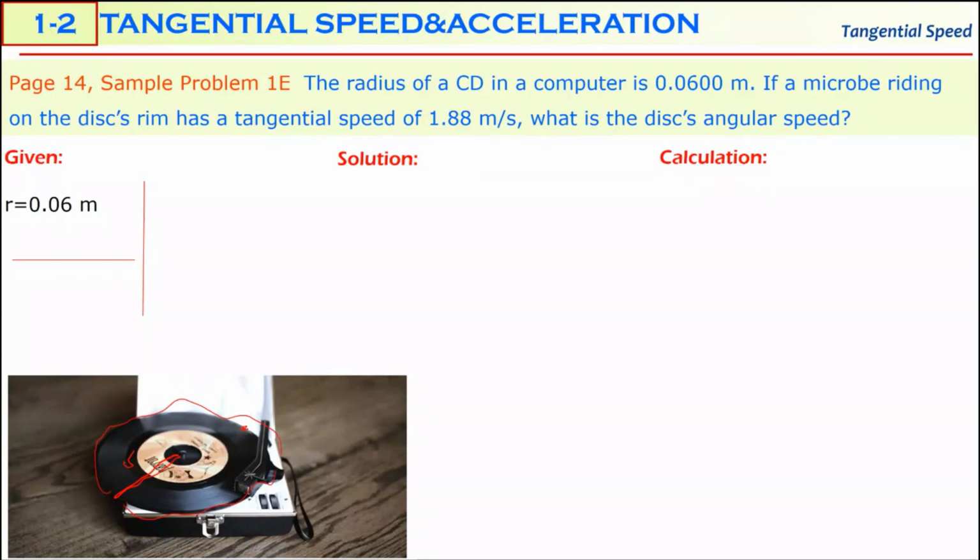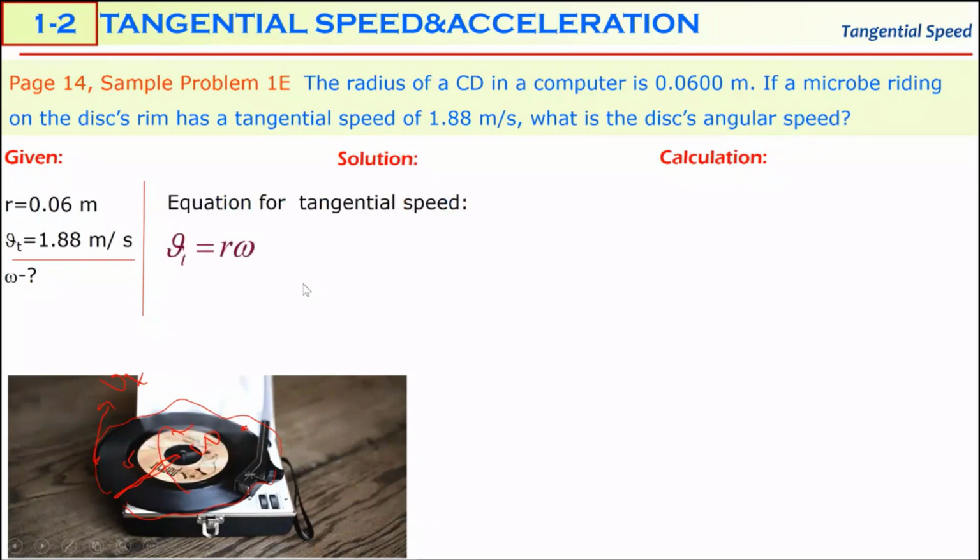And this circle has a radius equal to 0.06 meter. And the tangential speed of this microbe at any point, for example in here, this tangential speed Vt is 1.88 meters per second. So calculate the angular speed of this CD, calculate omega.